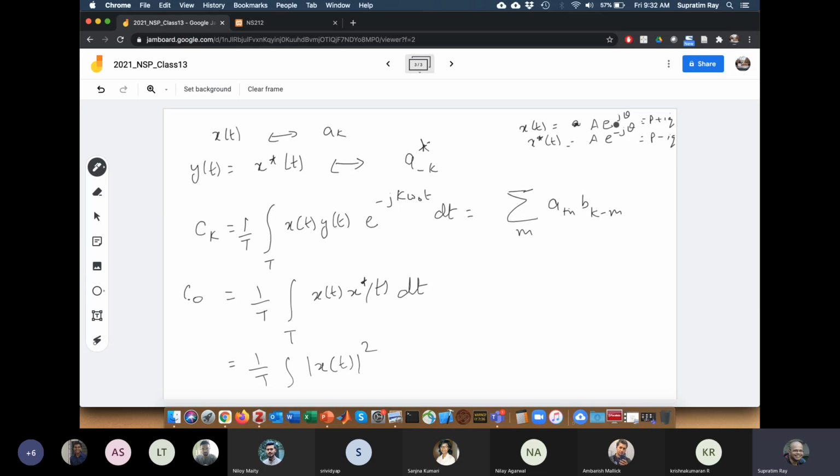So this is mod plus some phase. But when you do the conjugate, the mod is preserved, the phase is reversed, the product wipes out the phase, and you get a number here. It's not a complex number. This is now a real number. What is that? The integral is over t here. What do I get here?